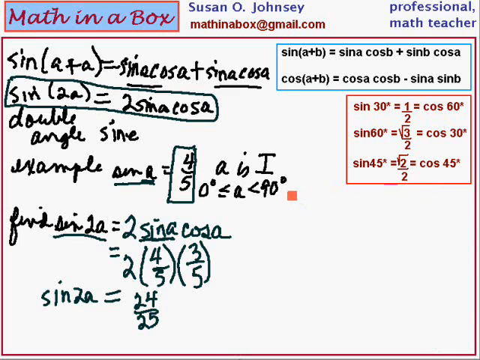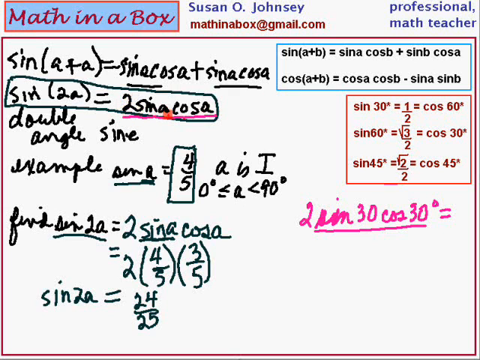Another way that we can use the double angle formula for the sine is on a problem such as this. If we have 2 times the sine of 30 degrees times the cosine of 30 degrees, look at this carefully and notice it matches up exactly with the identity up here.